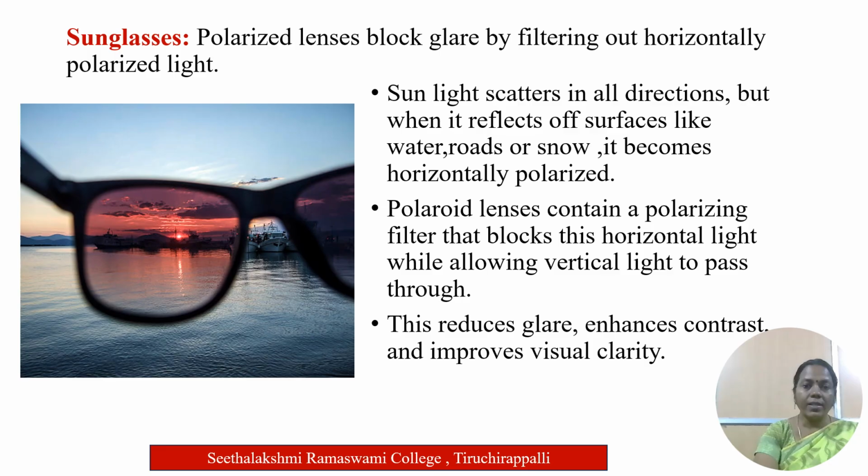These Polaroid lenses block the glare by filtering out horizontally polarized light. Polarized lenses contain a polarizing filter that blocks this polarized light while allowing vertical light to pass through. This reduces the glare, enhances the contrast, and improves visual clarity.